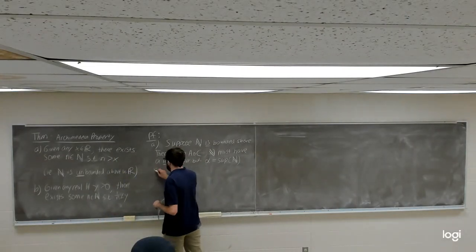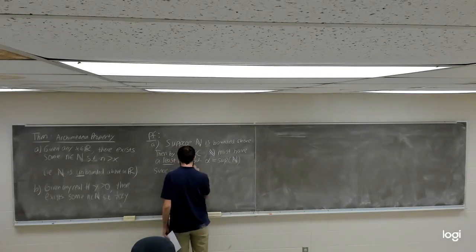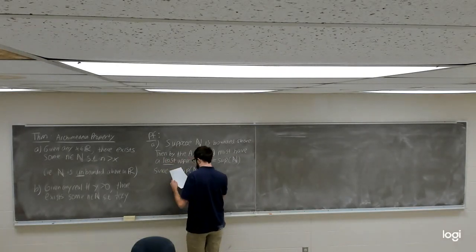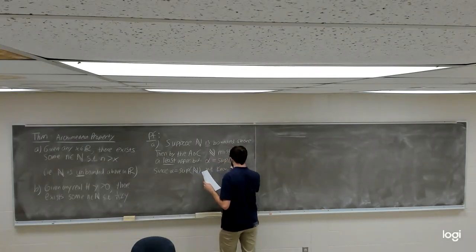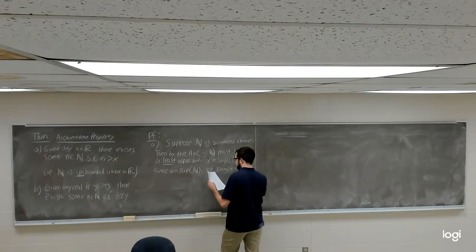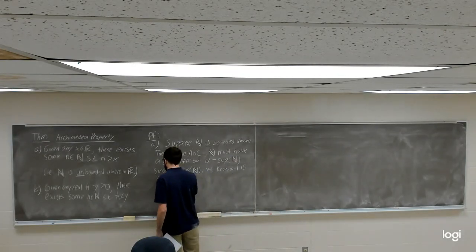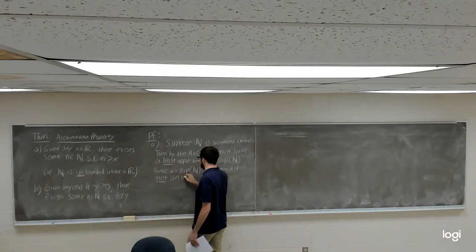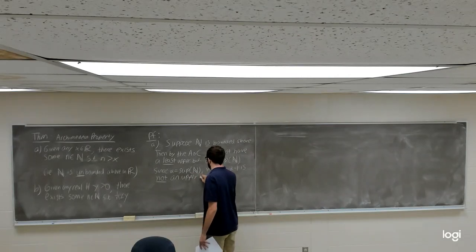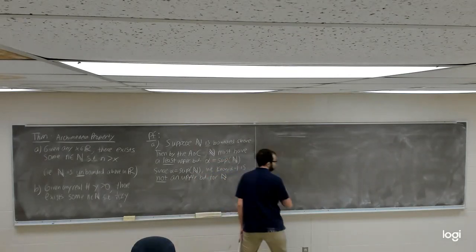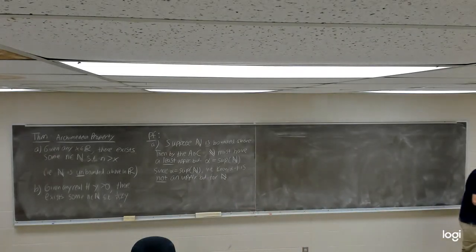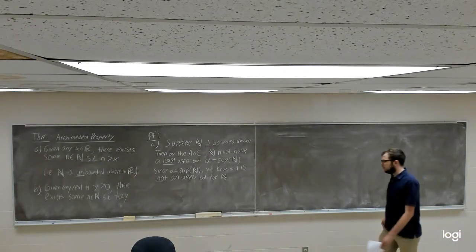And now I'm going to say that since alpha is the supremum, the least upper bound of the natural numbers, we know alpha minus 1 is not an upper bound for the natural numbers. Okay, so why is that the case?